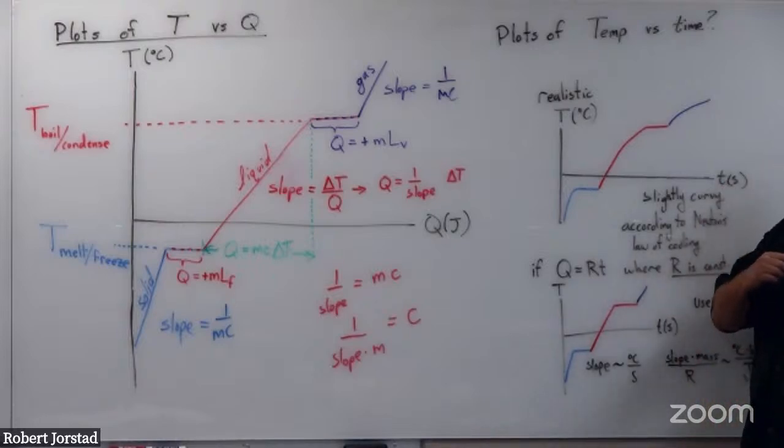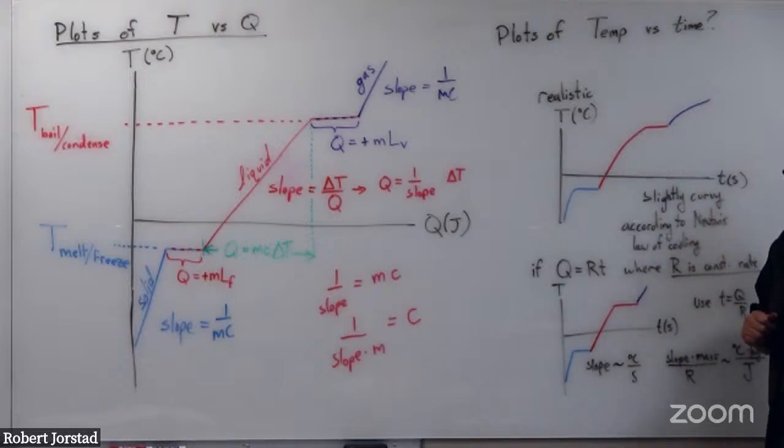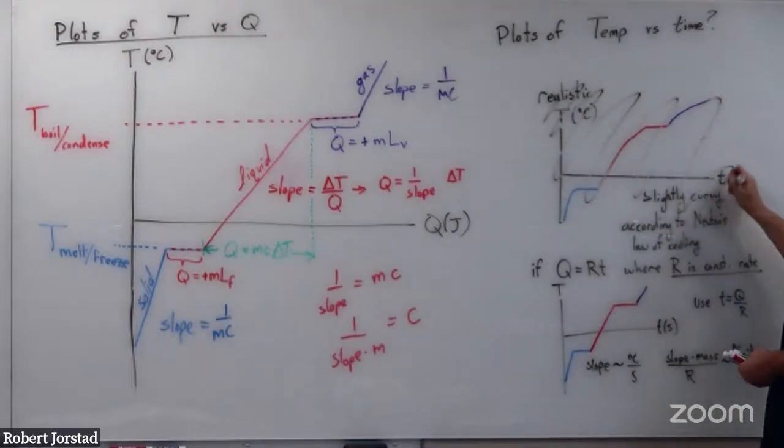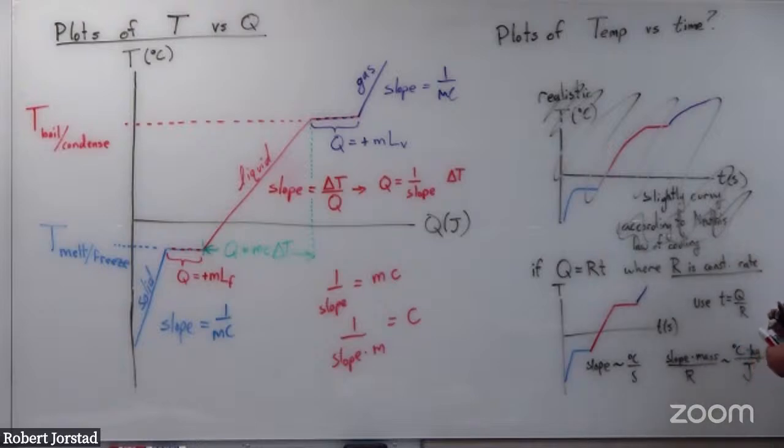If you put something in a negative 20 degree freezer, it will freeze more rapidly than if it's in a negative 1 degree freezer, right? Because there's a larger temperature difference. So as a result, you get these curvy plots. We're going to completely ignore that for this class and probably will in your class too until you're doing something more advanced. So basically, we assume that the heat will be transferred at a constant rate.